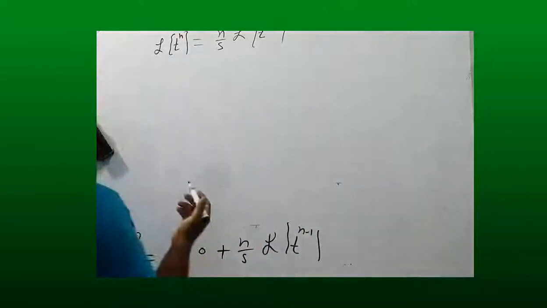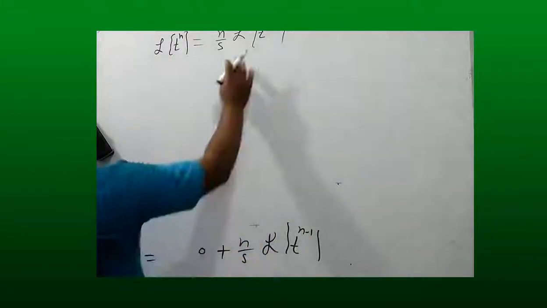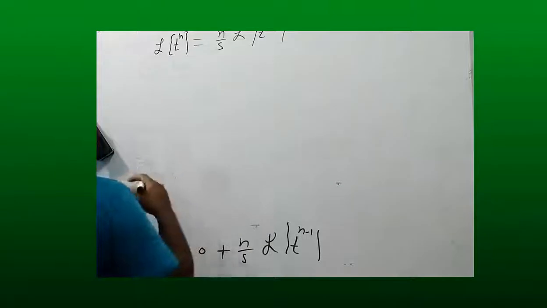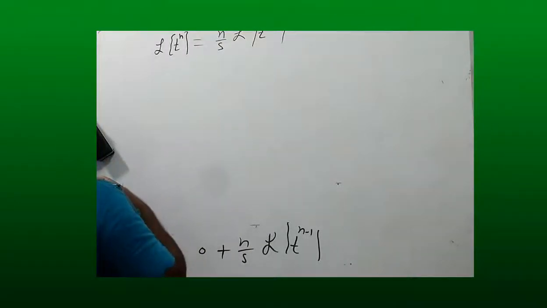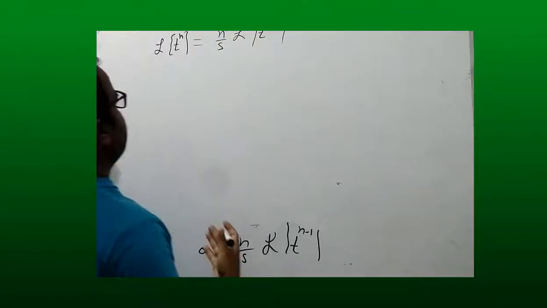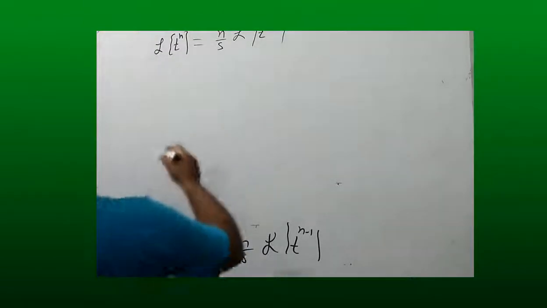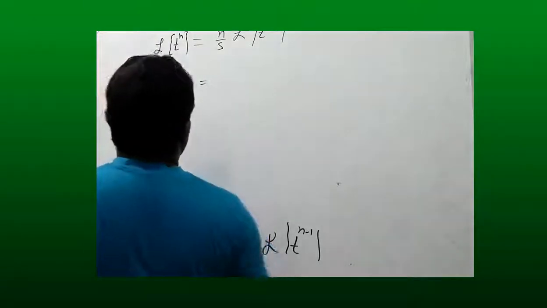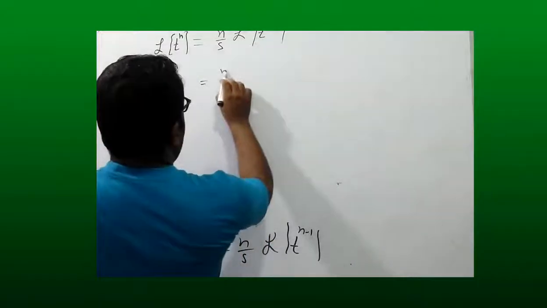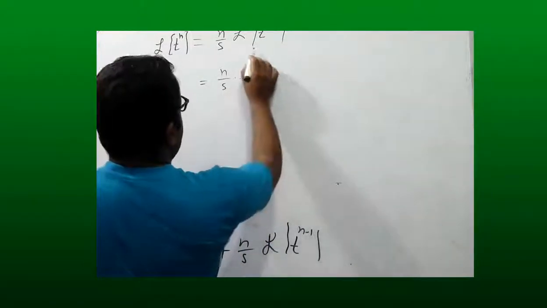So it means that after successive applications, it will again equal n by s.